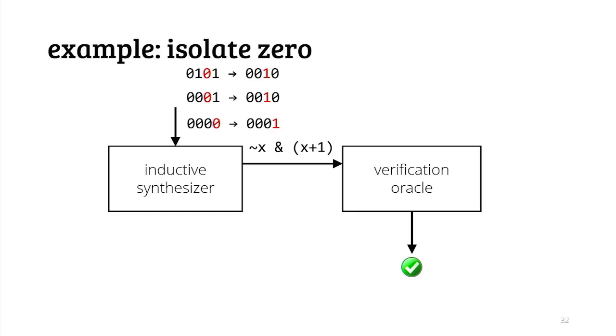In this case, the space is still bounded, but there are a lot of inputs, and checking them one by one would be very expensive. But the constraint solver is smart enough that it can check all of the bit vectors of a certain bit width in a short time. So what you saw in Sketch is guaranteed to be correct for all bit vector inputs of a certain size.